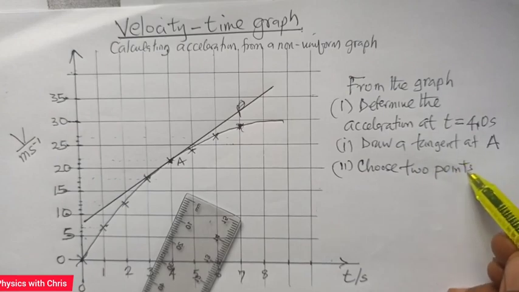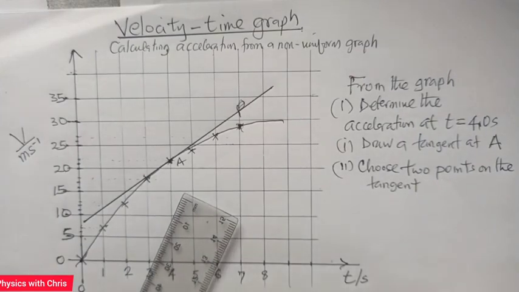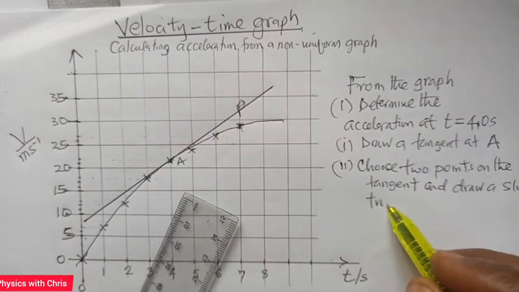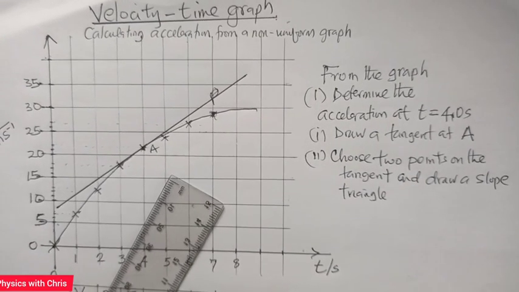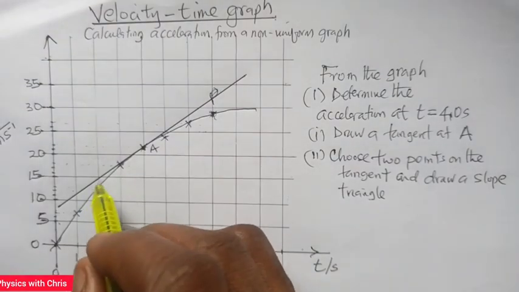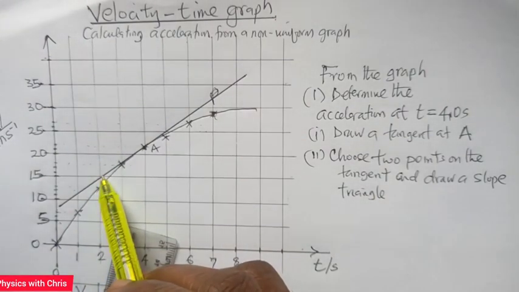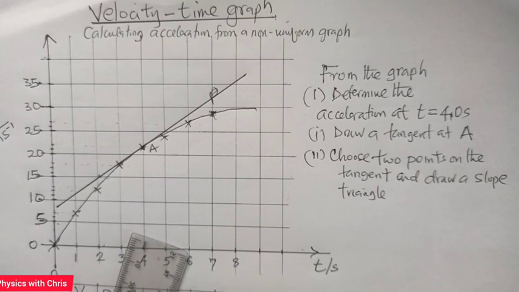Step two, choose 2 points on the tangent and then use the 2 points to draw your slope triangle. This point must be a point that you can easily interpolate. You can easily get the coordinates of the point, a value on the velocity axis and a value on the time axis.